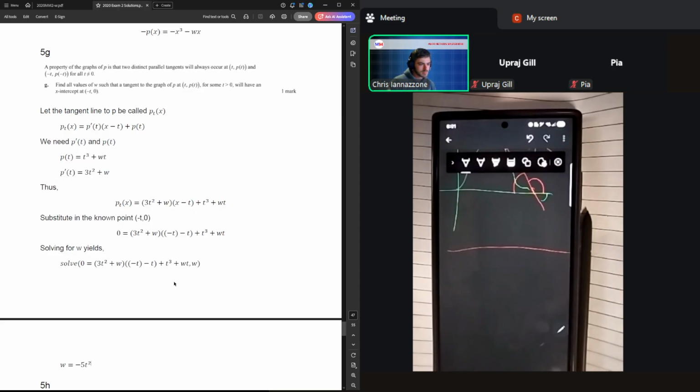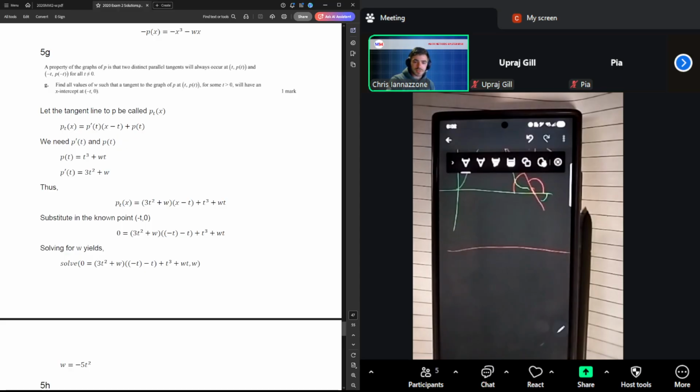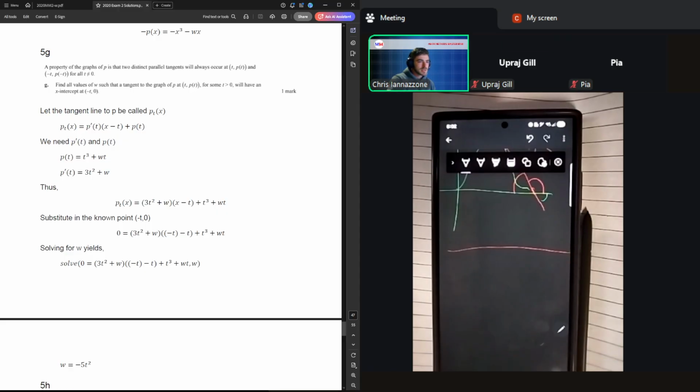They didn't really say the percentage of people that got it, but they said, quote, some students found this, but were then unable to write down the values of W. You've got to remember, it's not just finding this equation that describes W in terms of t.